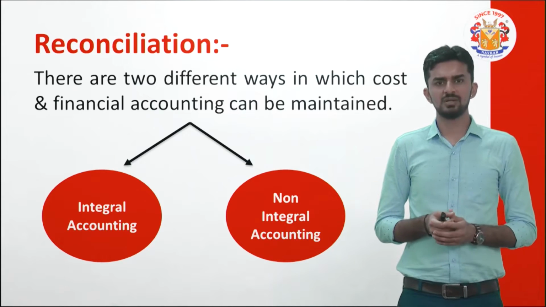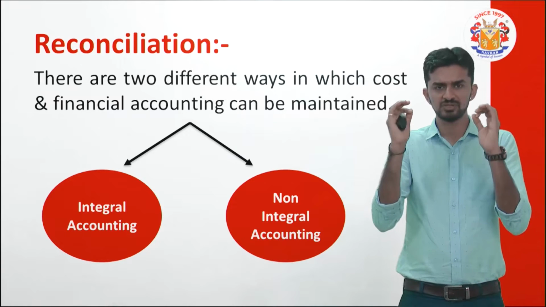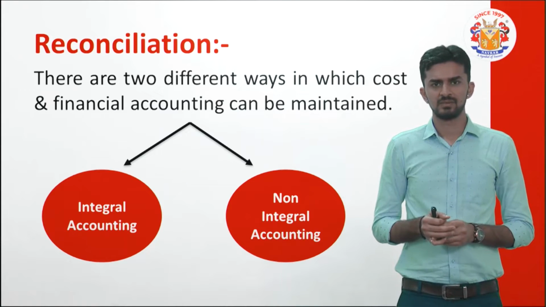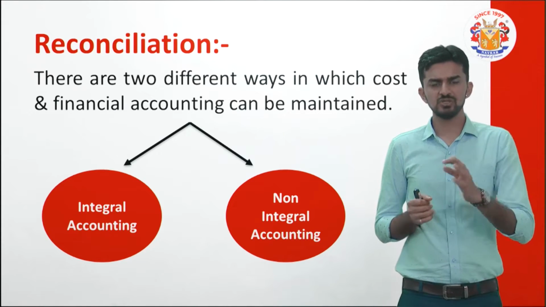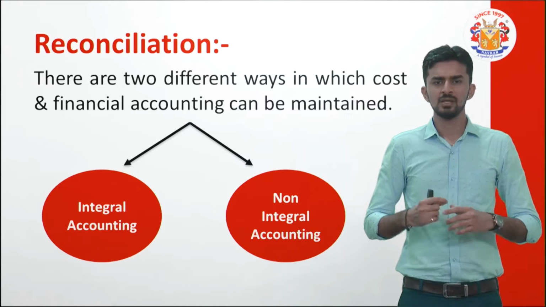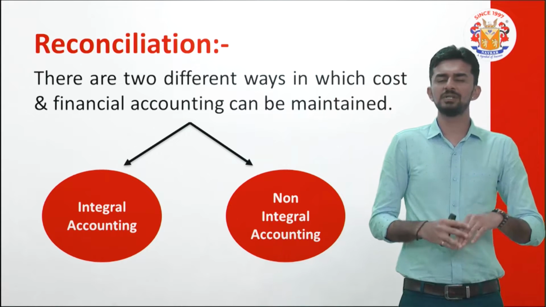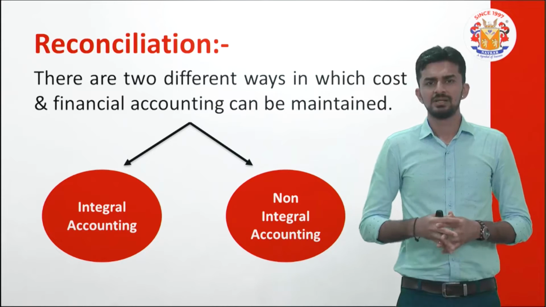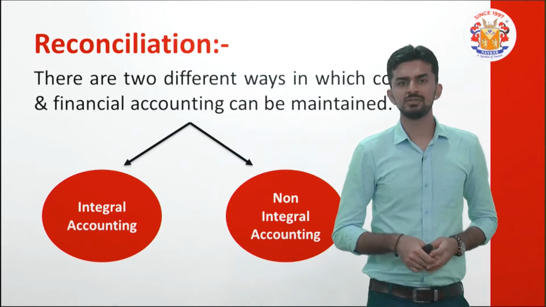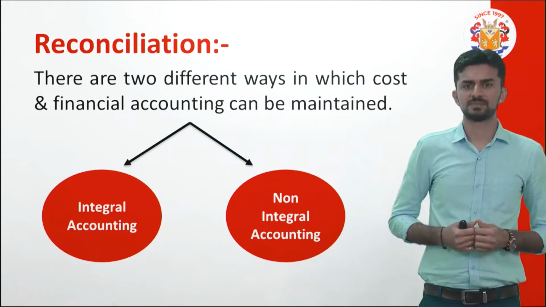Under the non-integral accounting system, we maintain two different books of accounts, one as per financial accounting and another as per cost accounting. Two complete books of accounts will be maintained by completely different people, and at the end of the year, both of them will prepare their own final accounts.